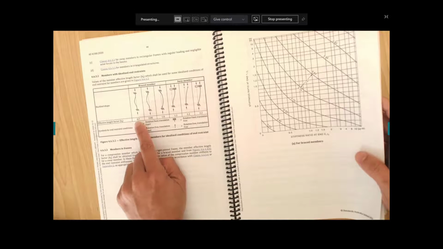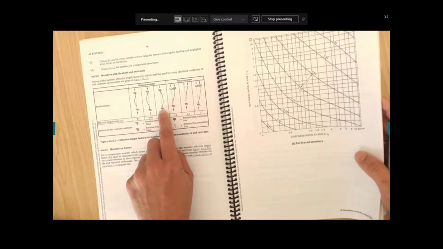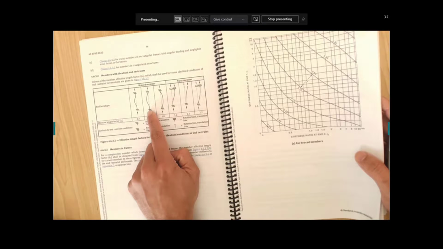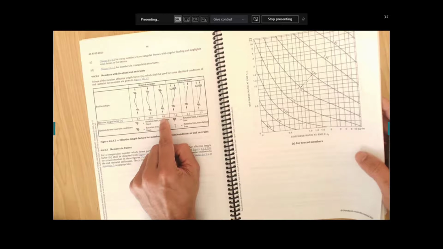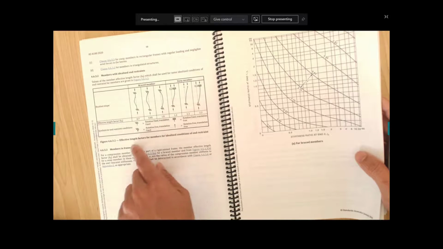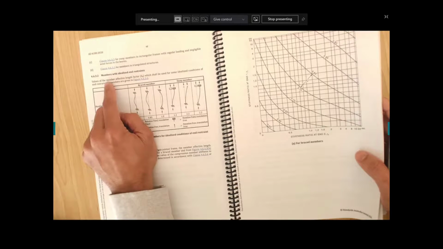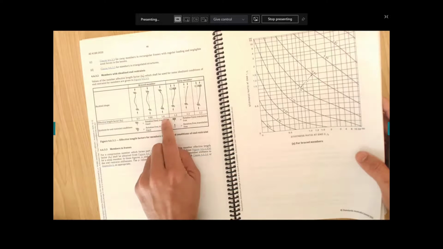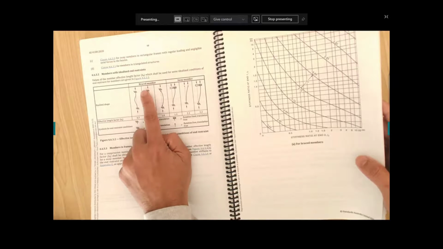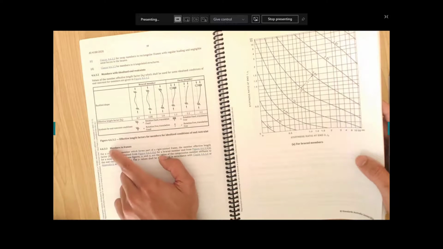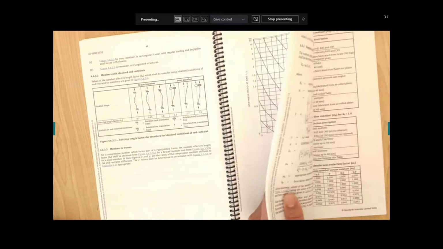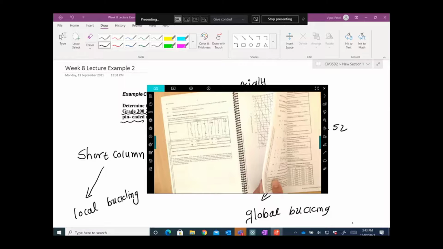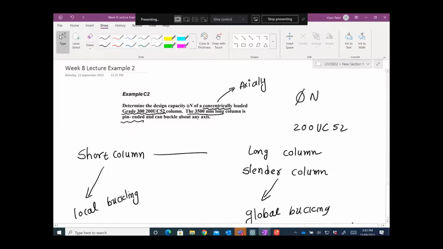In the braced members, if you have pin conditions, this is pin, this is fix and pin, and this is fix. That is shown here with the symbols. Here we have pin, so our Ke value, which is called the member effective length factor, Ke, is equal to 1 from figure 4.6.3.2. So Ke, and they are both the same.